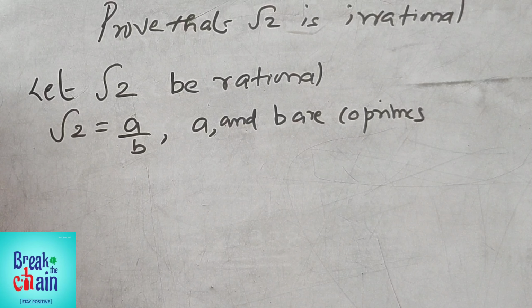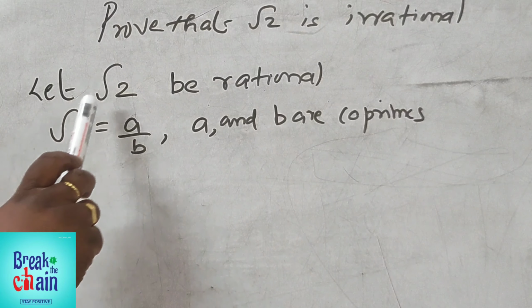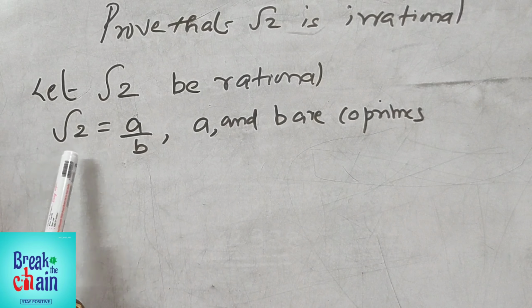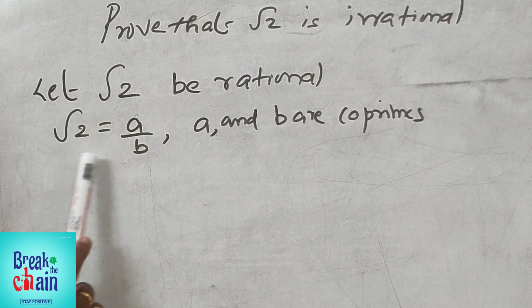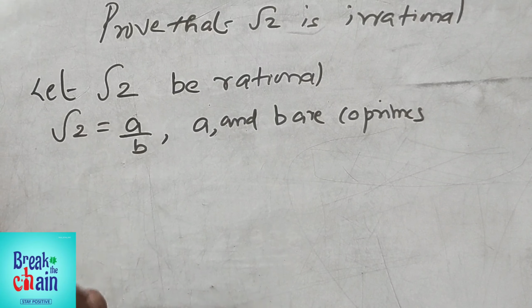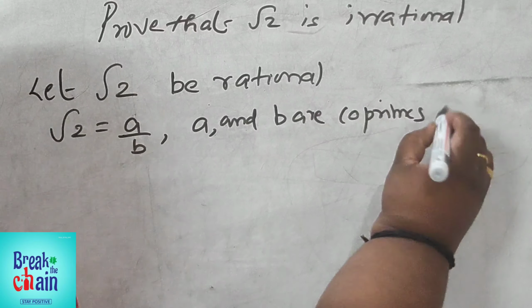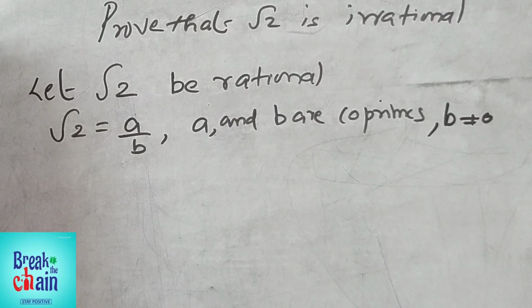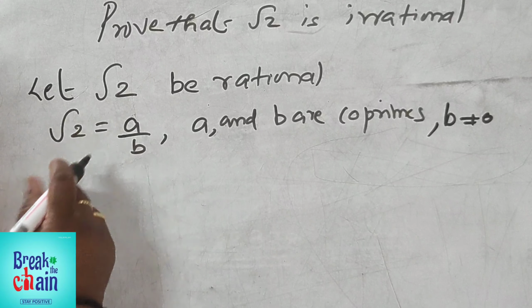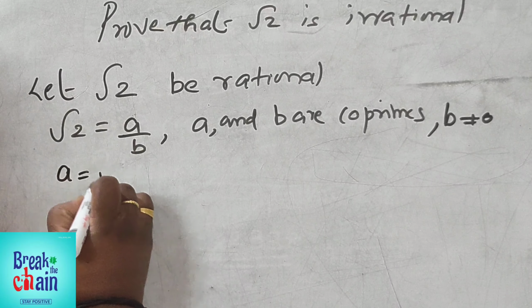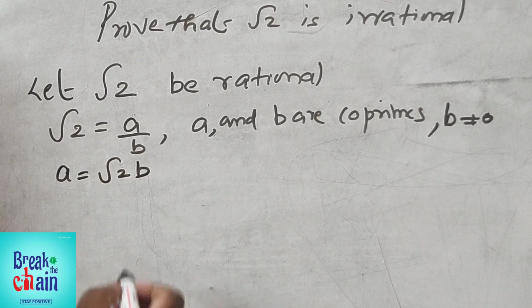Here we are going to prove that root 2 is irrational. For that we have taken root 2 as rational. So if root 2 is rational, root 2 can be written as a by b, where a and b are co-primes and b not equal to 0. Now we can cross multiply. What will we get? a is equal to root 2 b.